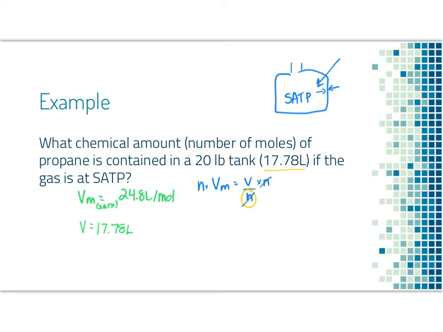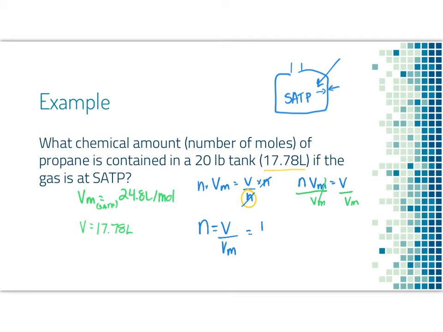So the first step is that we need to multiply N out of the denominator. So N cancels on both sides, and I'm left with N times VM is equal to the volume of the tank. Remember, VM is a constant, and it is different than V. We're going to divide both sides by VM to get N by itself, and I'm going to use the formula N is equal to V over VM.